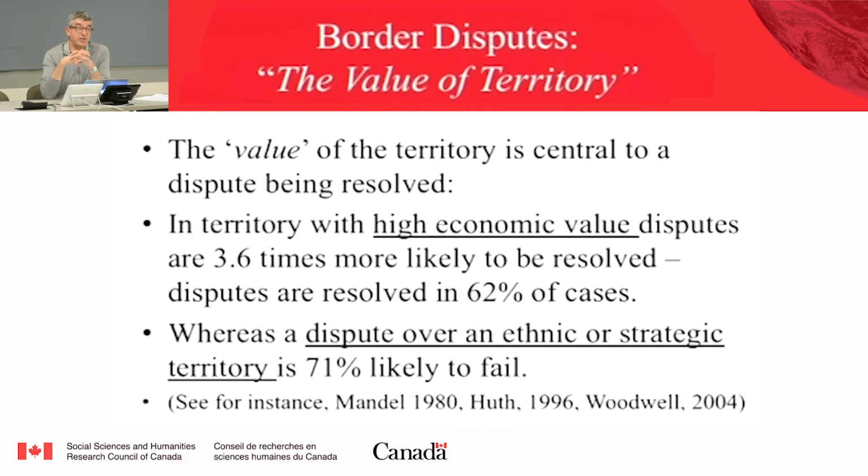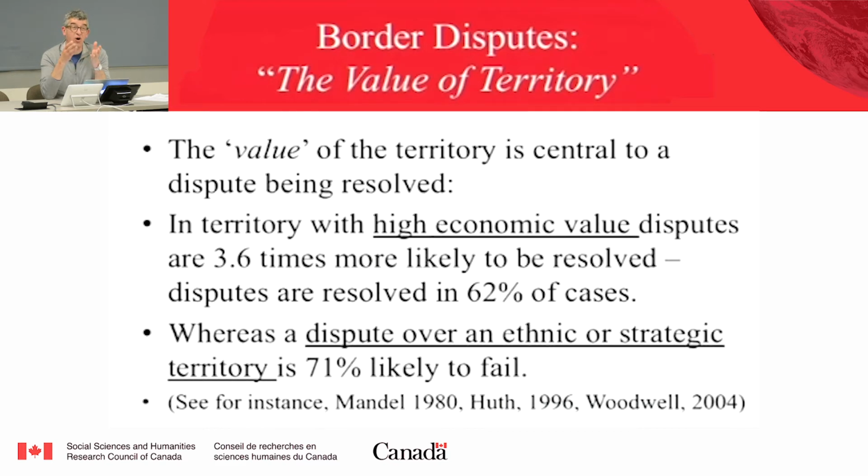In territories that have high economic value, in two-thirds of the cases, the disputes are resolved. And this is interesting because if you look behind why 62% of those cases are resolved, it's because they are functional or positional disputes that have to do with very expensive or very valued land.